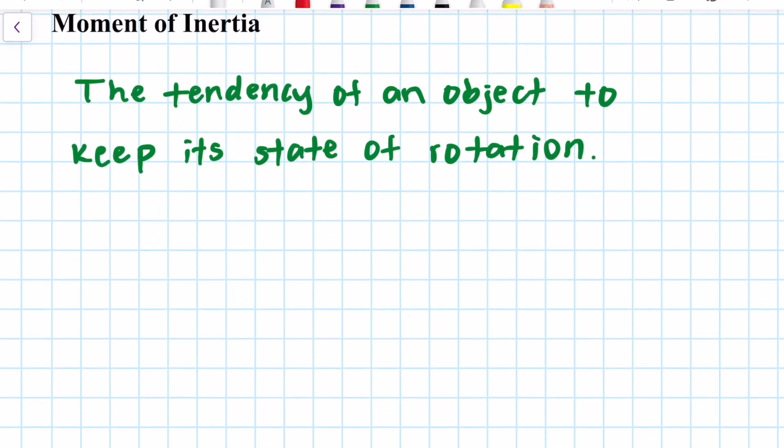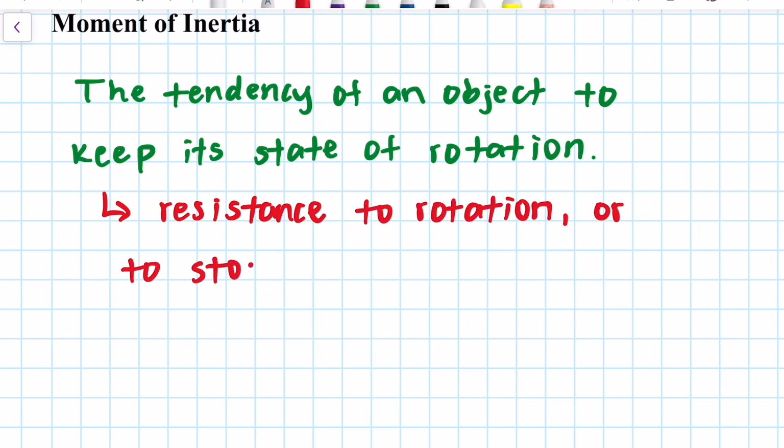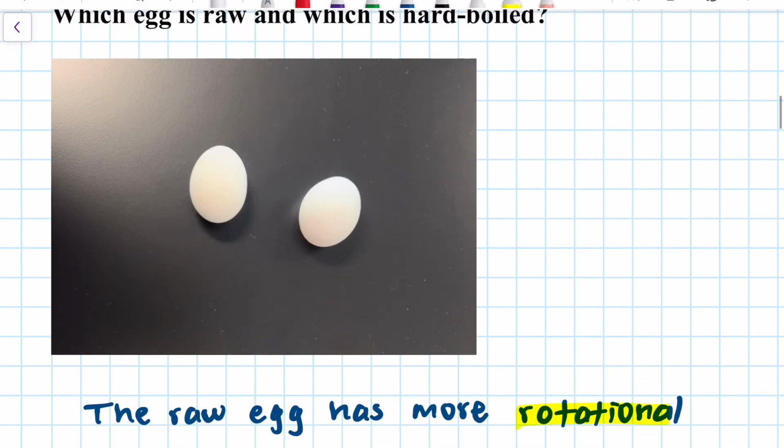We can say that moment of inertia is resistance to rotation or to stop rotating. If we go back to the two eggs, the hard-boiled one has less moment of inertia because it was easier to get it to spin, and when I try to stop it, well, it was fairly easy.